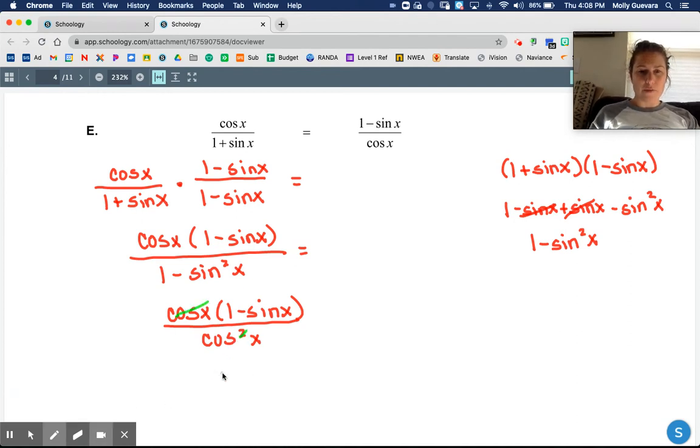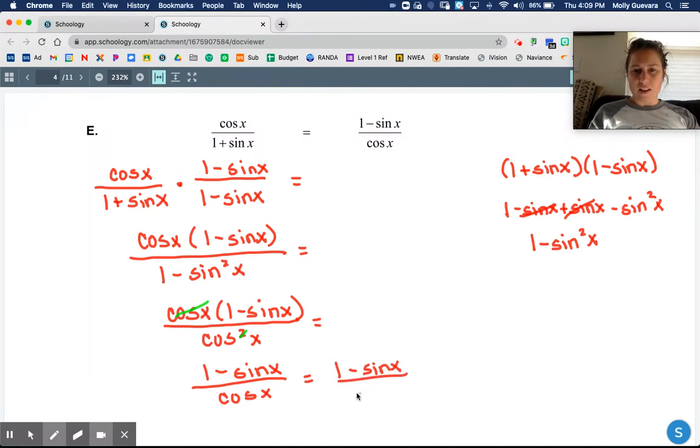And that leaves me with 1 minus sine of x over cosine of x. Oh, and that's what we wanted. I didn't even realize, honestly. And I verified that those two sides of the equal sign are the same.